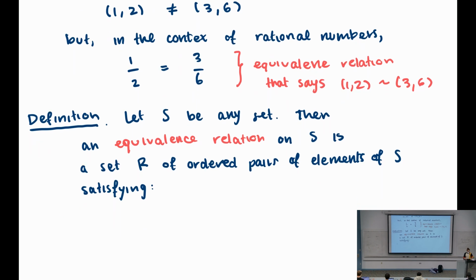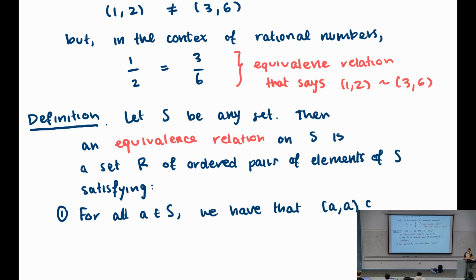So the first one is that for all elements A in S, we have that the pair A, A is an element of the set R. And this is usually referred to as the reflexive property.